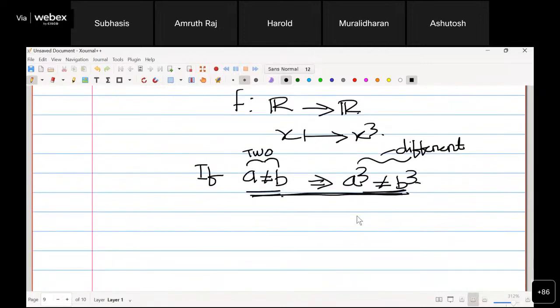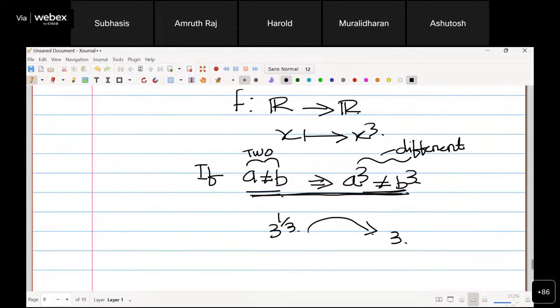It's one-to-one, different. So what about surjectiveness? It is surjective. Because if I take 3 power 1 by 3 in my domain, I will get 3.